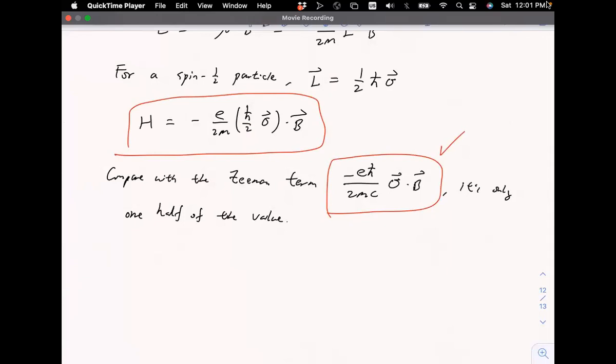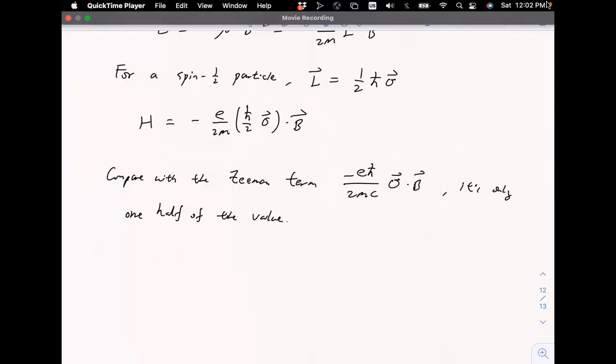When you do the experiment, it follows the Zeeman shift predicted by the Dirac equation, not this. So the classical case is wrong. But of course people get used to the classical result. If you still want to use it, you have to put a factor there to correct it.